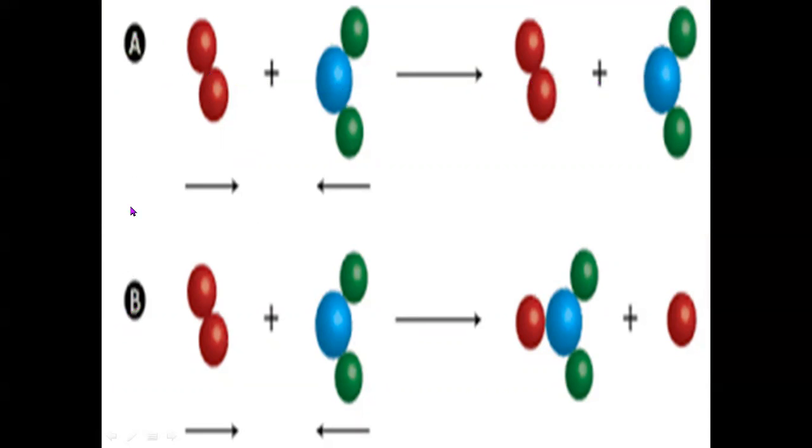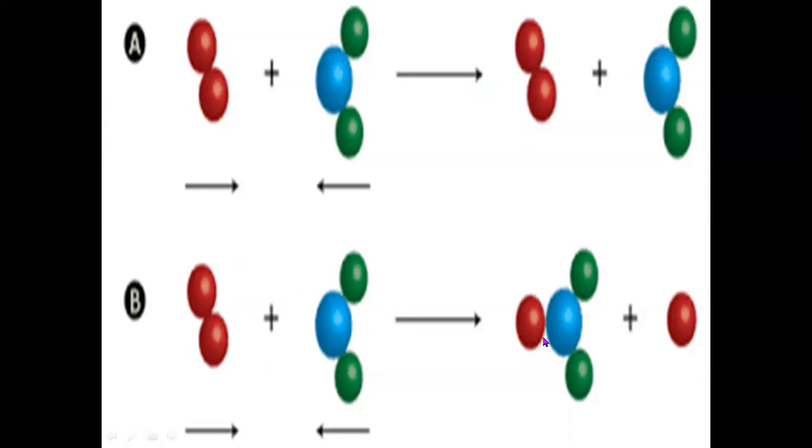We are illustrating the same thing by taking figures A and B. Here, these are the reactant molecules and these are the product molecules. You see, on both sides we have the same molecules, meaning no product is formed, so the collision is not fruitful. Here, the reactant and product molecules are different.